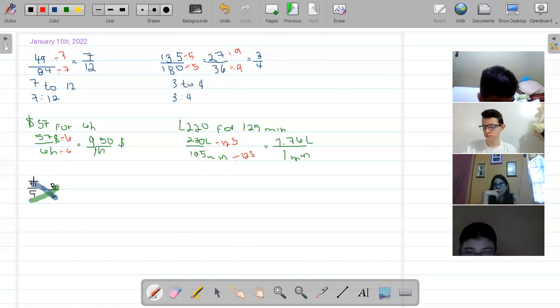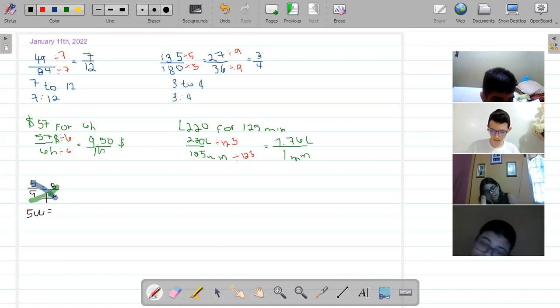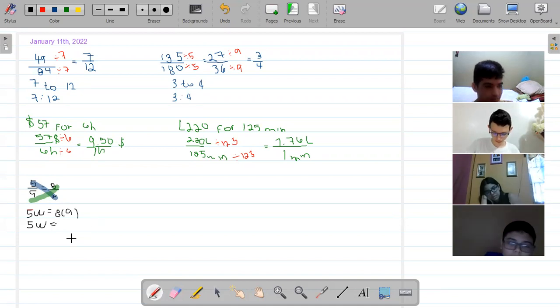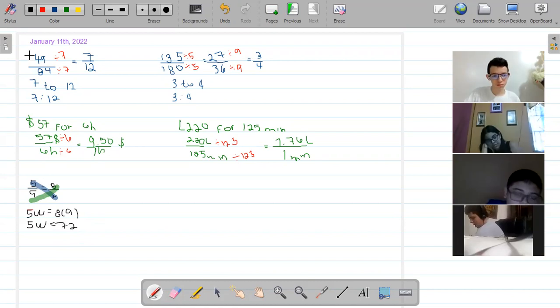We're going to have 5 times W, that is 5W, equal, because the equal sign remains, 8 times 9. How much is 8 times 9? 72. Yes, 72. We got a one-step equation.